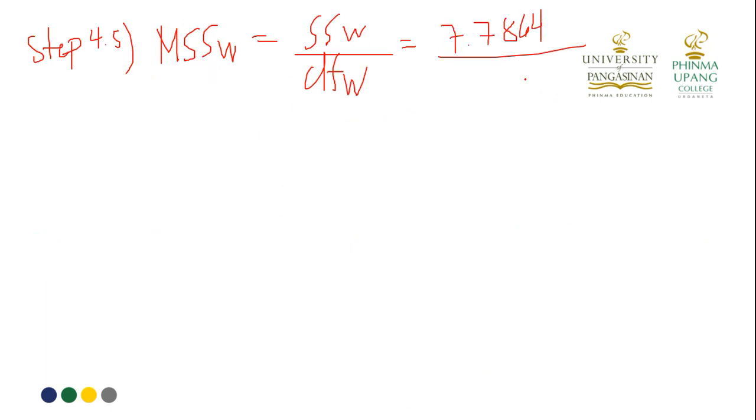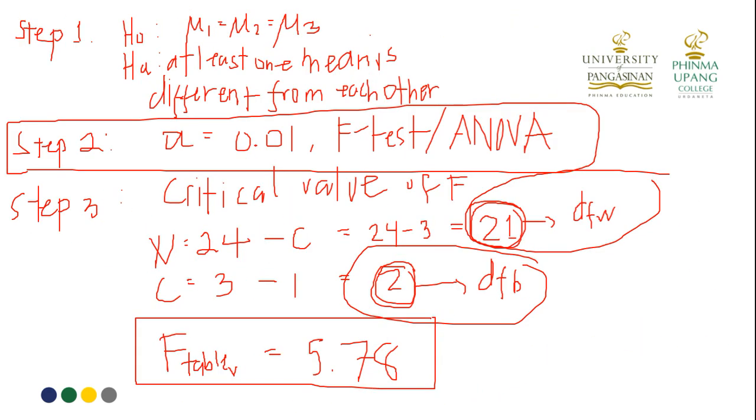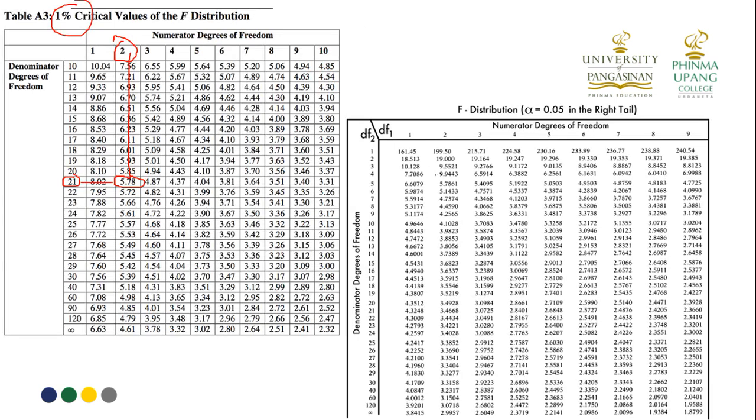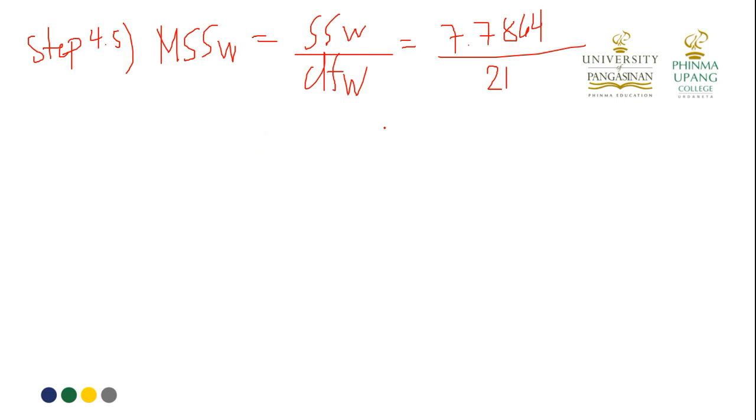Is it 3 or is it 2 or 21? 21 po. Yung 21 po galing po yan sa DFW. Next. So, ilan yung sagot dito? 0.3708.